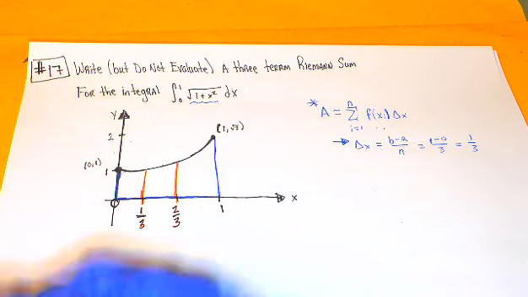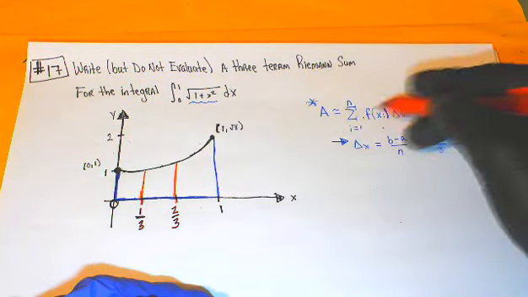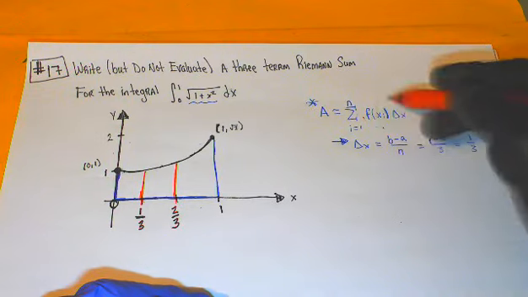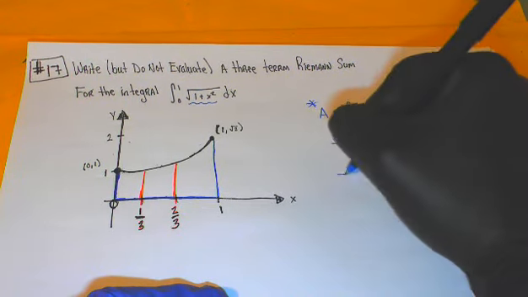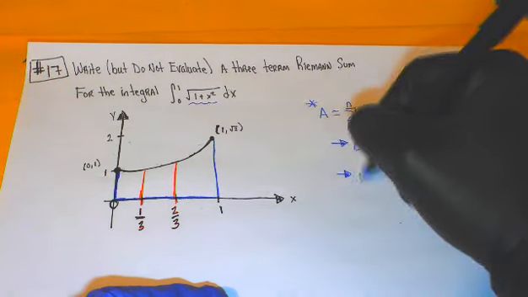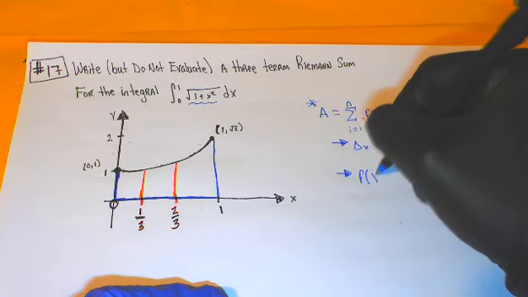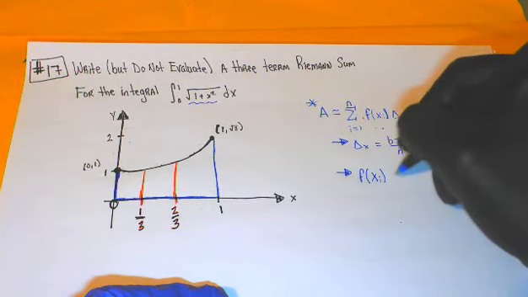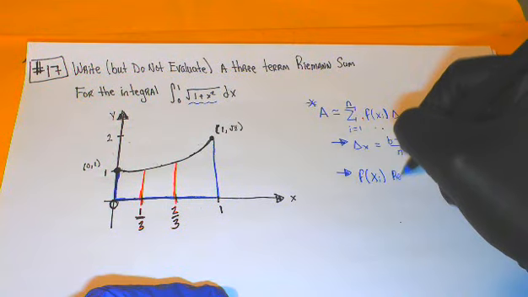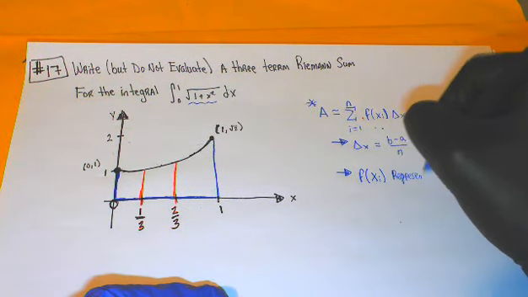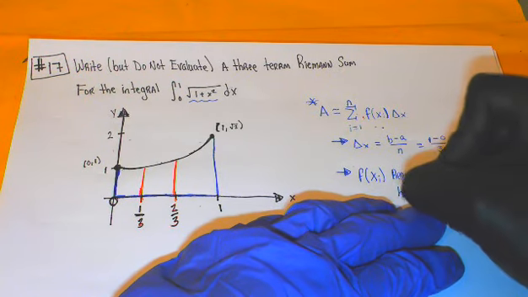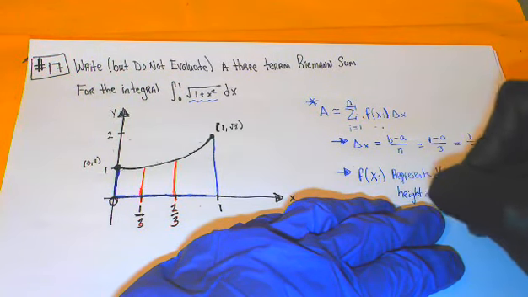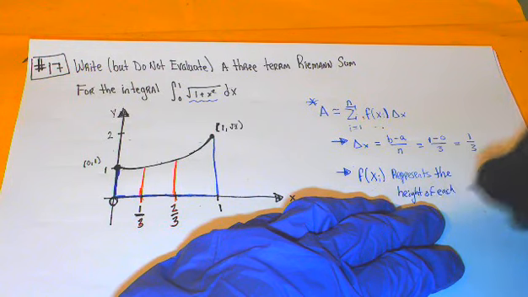Now we just have to figure out what f of xi represents. f of xi represents the height of each rectangle constructed.